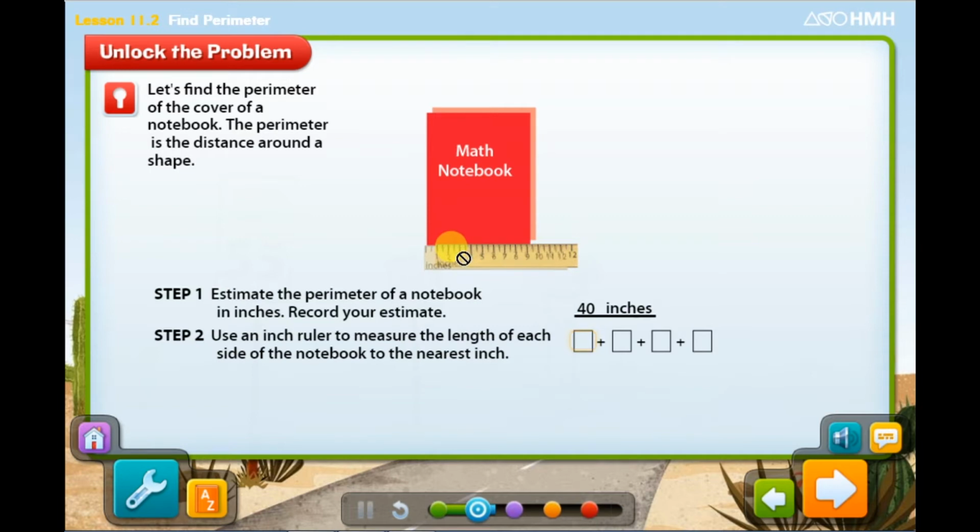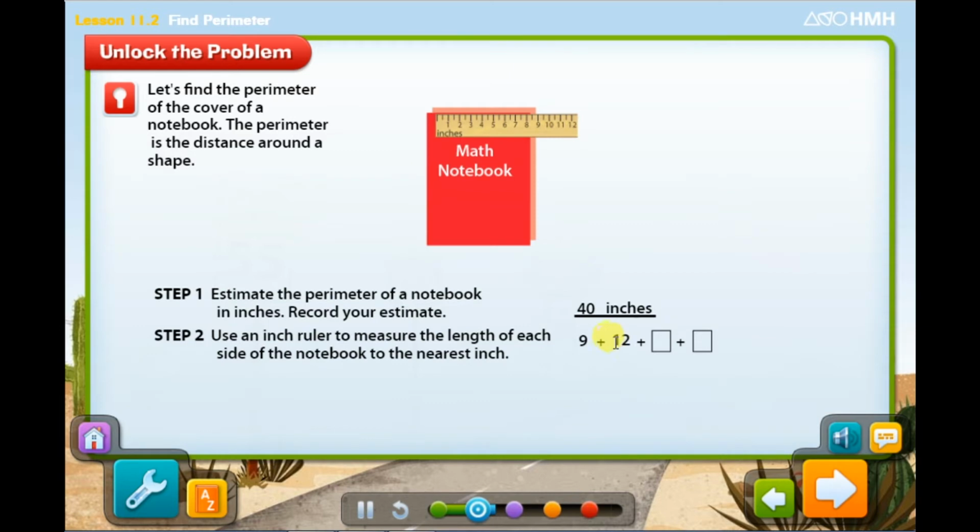Here, can you read? It's 9. It's not 8, it's 9. Now measure the second side of the notebook. Okay, 0 is just on the edge of the notebook. If you read the number here, it is 12.